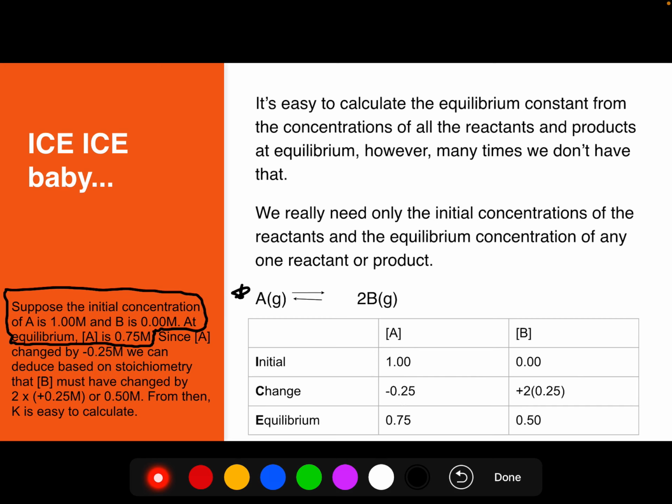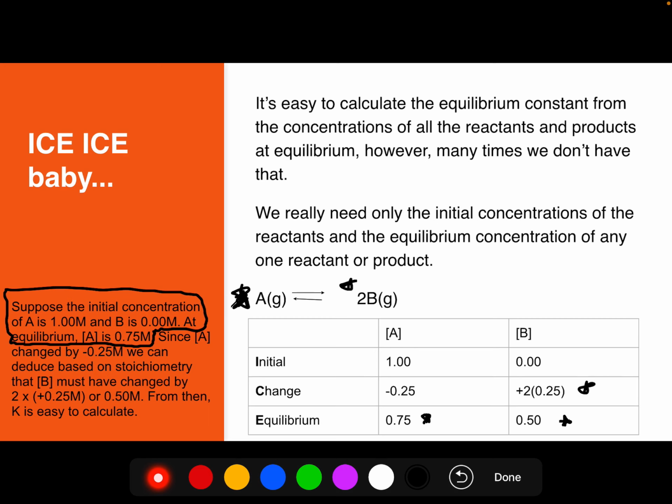Well, since we know that A changed by losing 0.25 molarity, we can assume the stoichiometric ratio that if we lose 0.25 moles of A, we're going to make twice that of B. So B is starting at 0, and what we do is we add 2 times 0.25 here to give us 0.5 at equilibrium, and then, of course, the equilibrium concentration of A is 0.75.